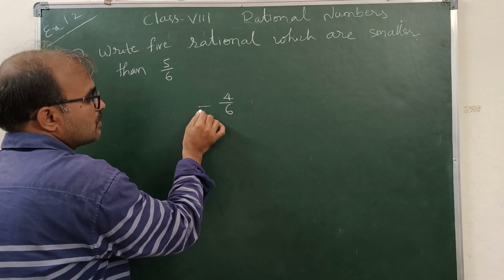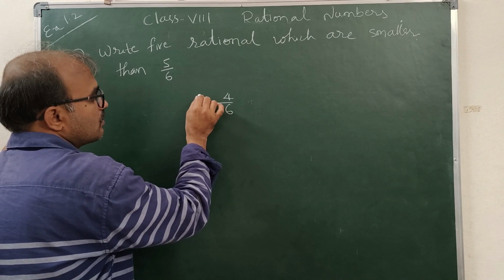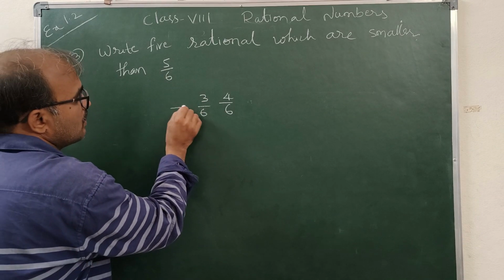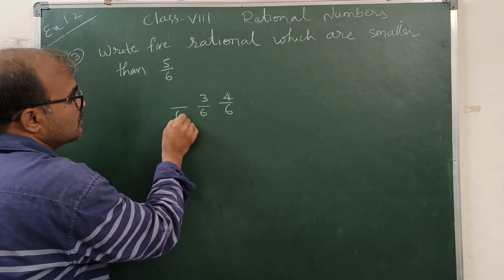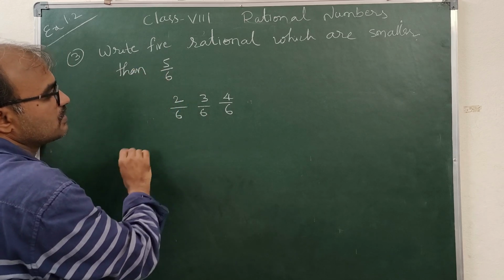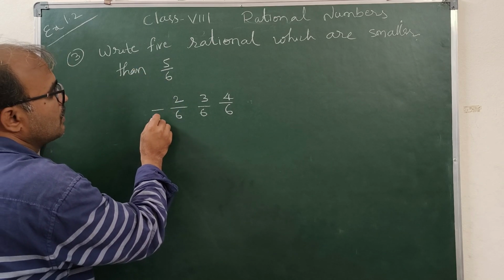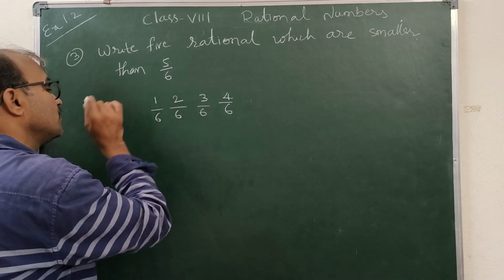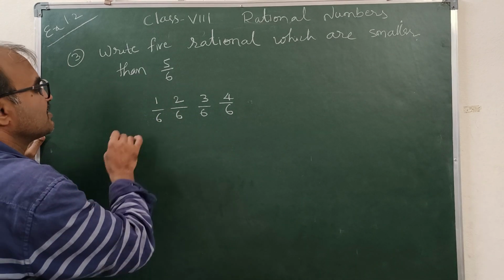If you make anything 6 parts and if you take 3 parts, that will be less than 5 by 6. If you take 2 parts, that will be less than 5 by 6. If you make anything 6 parts and if you take 1 by 6, that will be less than 5 by 6.